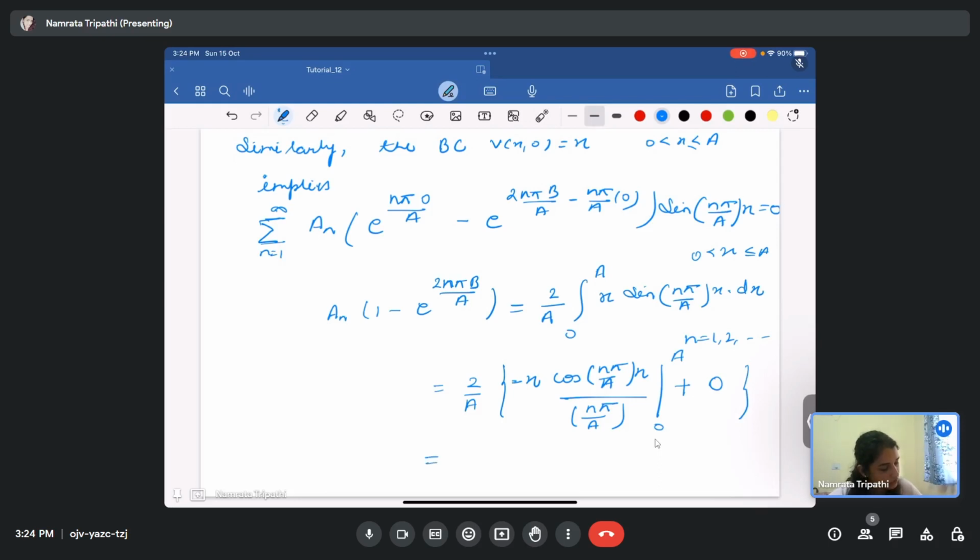Because after putting limit a, you will get sine n pi, and the value of sine n pi will be 0.